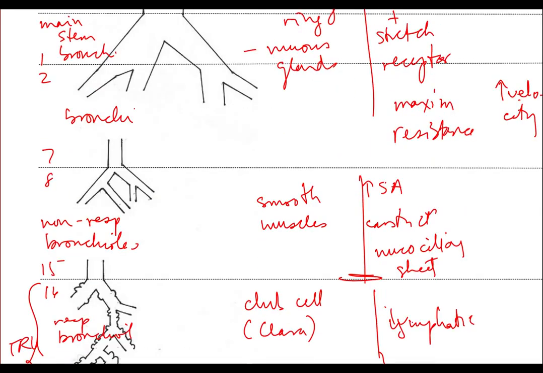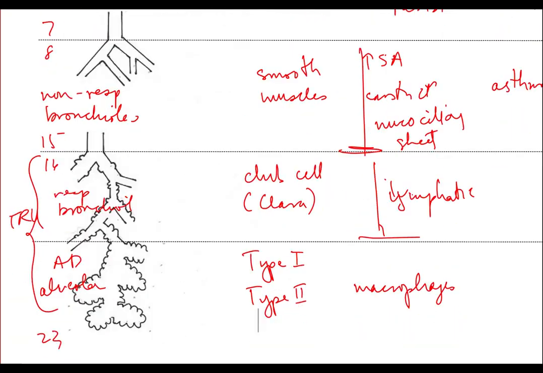When we come down to our non-respiratory bronchioles, this is where we're going to see our bronchospastic effects of diseases like asthma. And then when we come to our terminal respiratory unit, this is where we see our gas exchange.